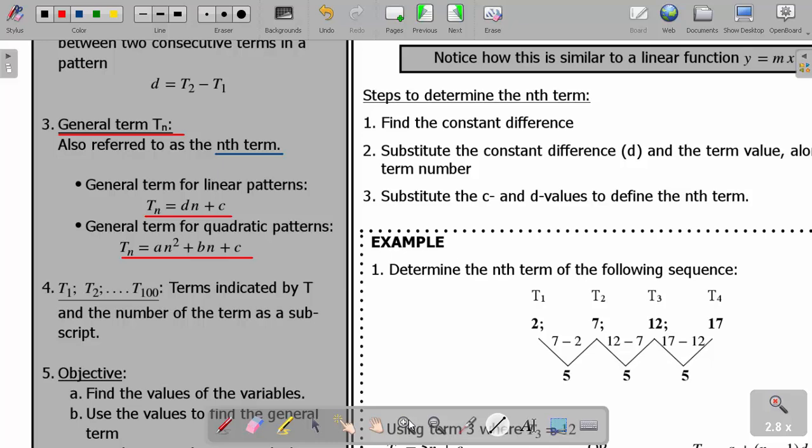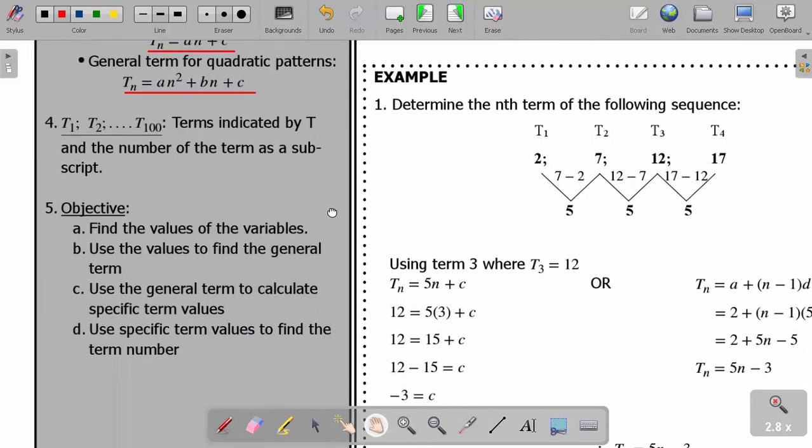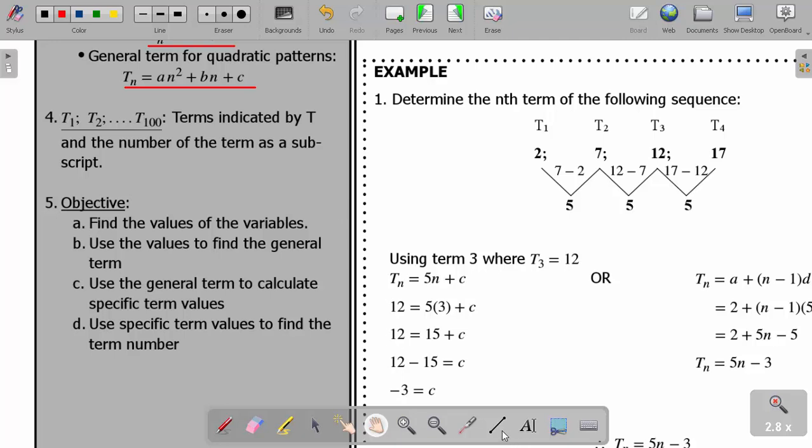Now in this topic, specifically we want to look at the following objectives. By the end of the topic, you must be able to find the values of the variables, that is A, B, and C. Also to use the values to find the general term, like they can ask you for the Tn of the quadratic, or for the arithmetic, like we're going to see, or geometric.